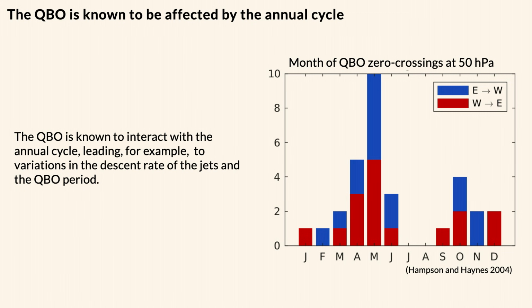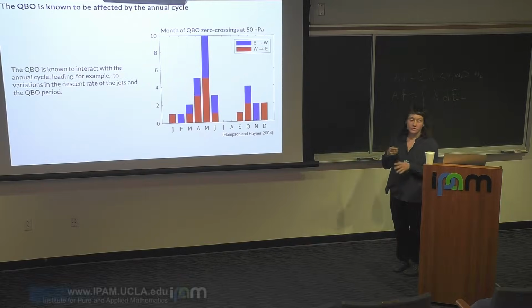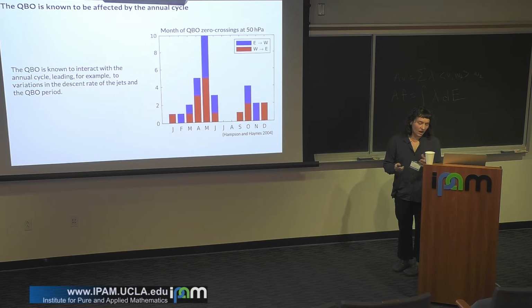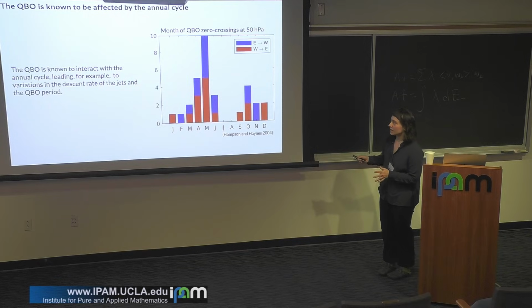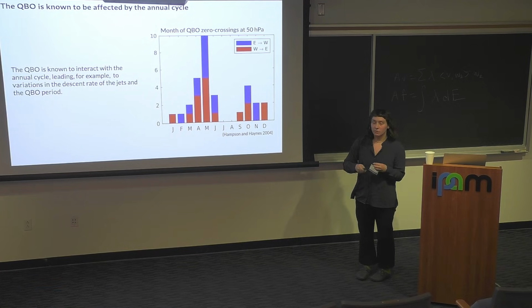As I noted with this meandering of the QBO descent, the QBO is known to be affected by the annual cycle. This leads to variations in the descent rate and the QBO period. It's usually called phase locking, and it's most easily seen in this histogram, where I'm asking when there is a QBO zero crossing at a particular height.